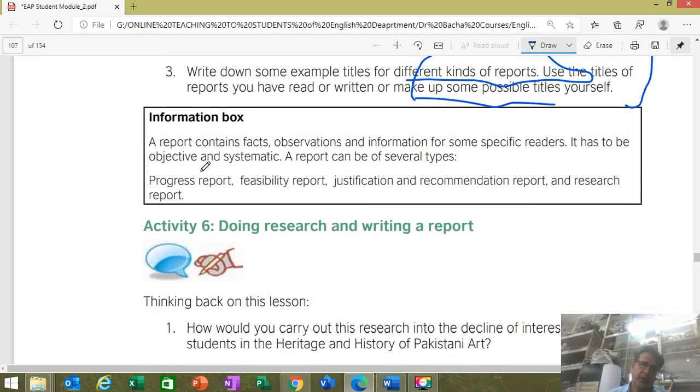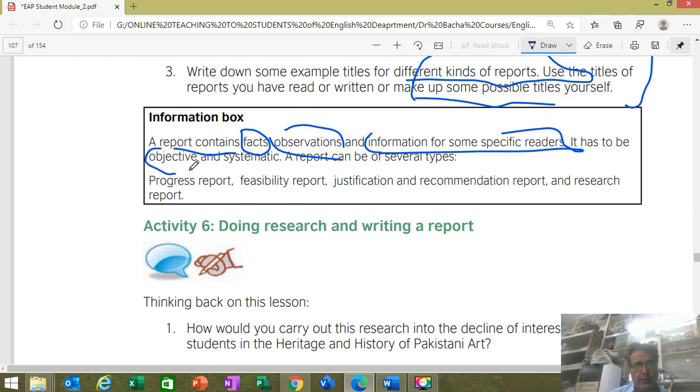Information box. A report contains facts, remember, facts and observations, information for some specific readers. It has to be objective and systematic. Objective means that your personal feelings are not involved. You have to report a thing as you see it, without involving yourself or your feelings about it, vividly and graphically, as you see it in front of you.